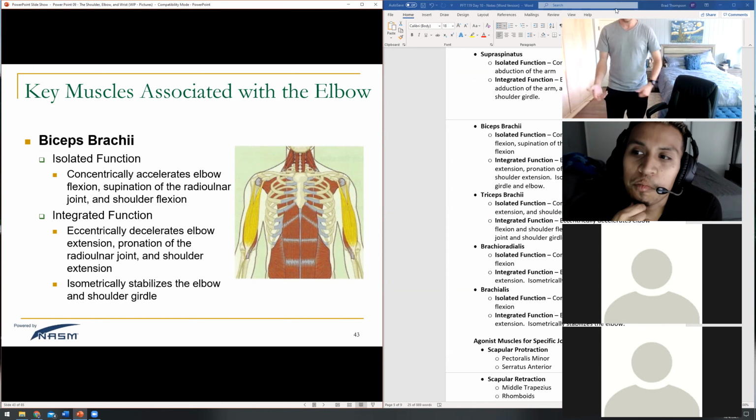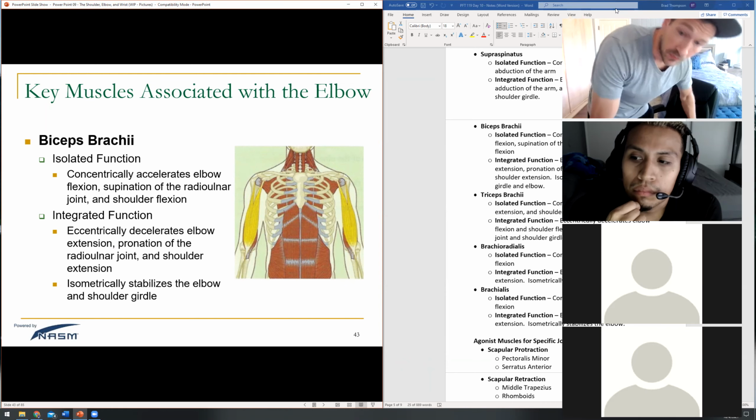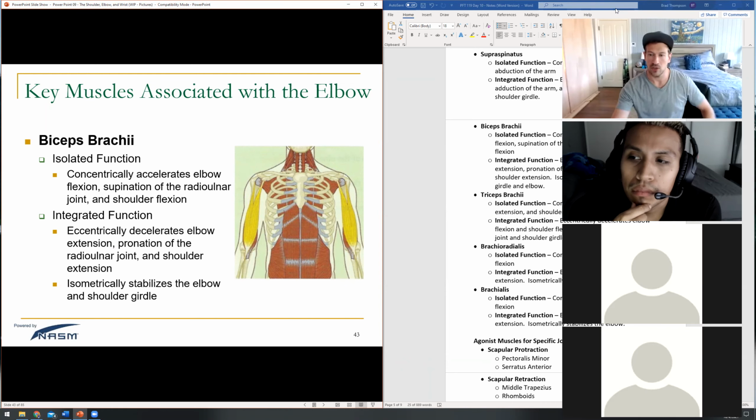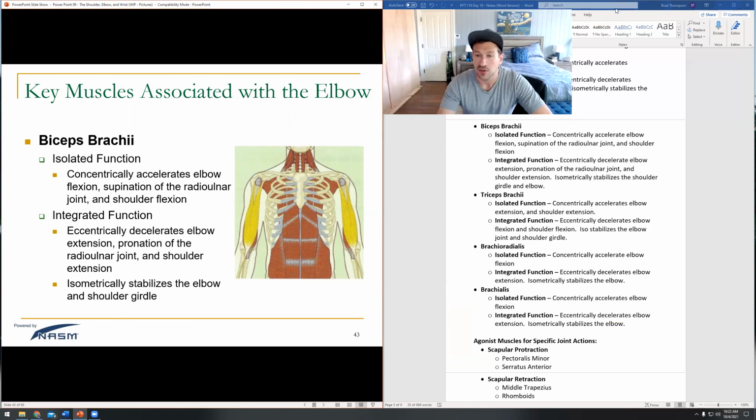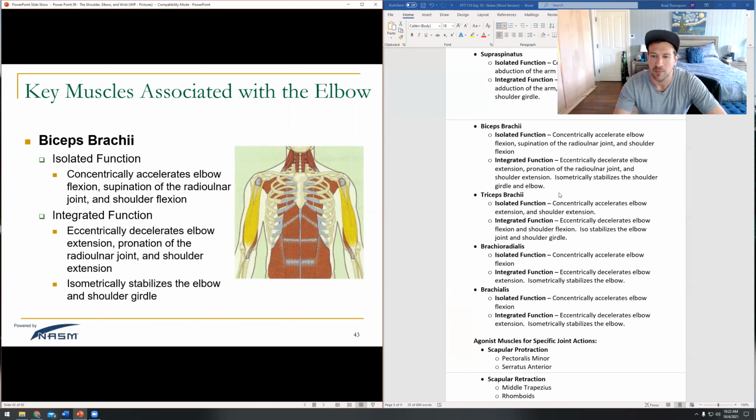Could I do cable curls? Yeah, I think they're great. Could I do preacher curls at a bar? Yeah, why not? They're all good. They're just slightly different. Good variety out there. Sometimes people are like, oh, I only want to ever use the best. Yeah, that's a big mistake that a lot of people make. It's like, I only ever want to use the best exercise for the muscle.